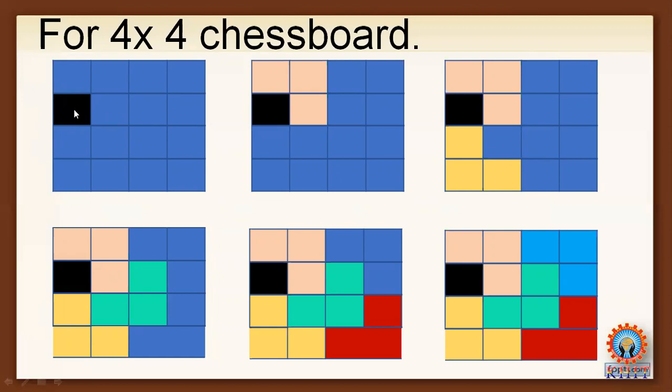So here one defective square is available, and the main objective of the defective chessboard problem is to fill the chessboard with trominoes. Trominoes means L-shaped squares. So here this is the first way of filling trominoes. The tromino is L-shaped and it is fitted over here. And we can fit one more tromino here. This is the second tromino.